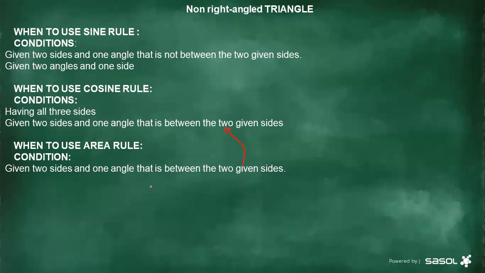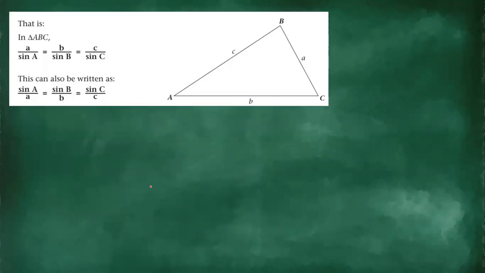All right, so these are the conditions for the sine, cosine, and area rule. So please let us go through this and learn the conditions first before we answer questions under 2D and 3D.